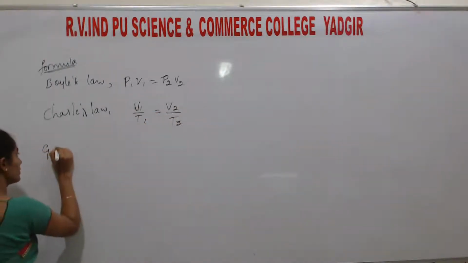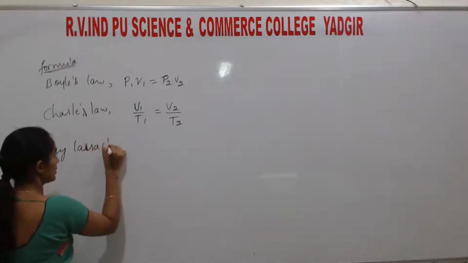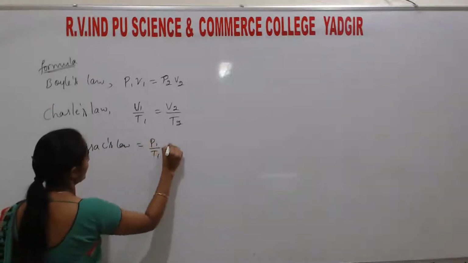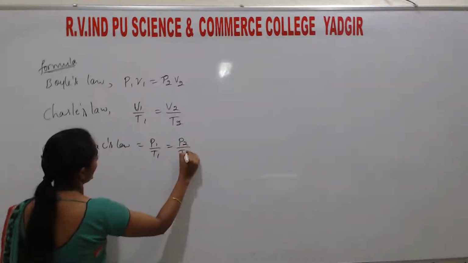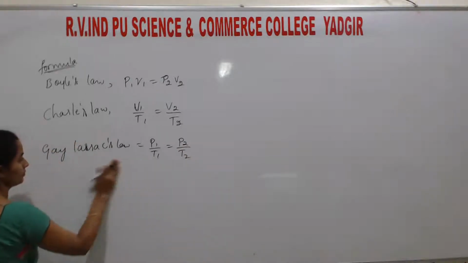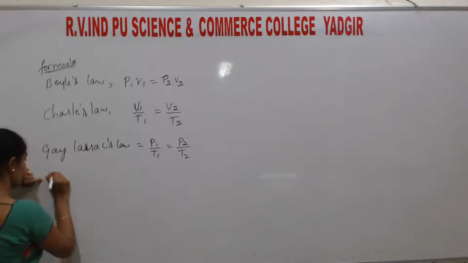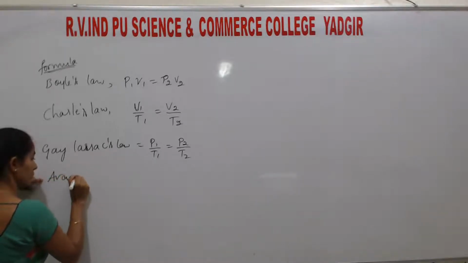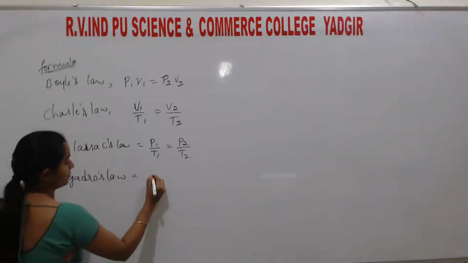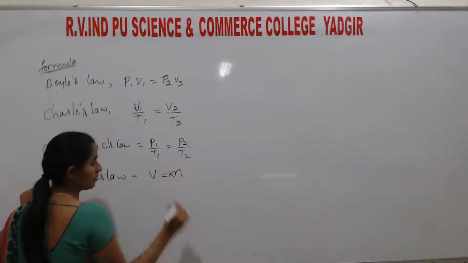Okay? Next, Gay-Lussac's law: P1 by T1 is equal to P2 by T2. Next, Avogadro's law: V is equal to K into n.